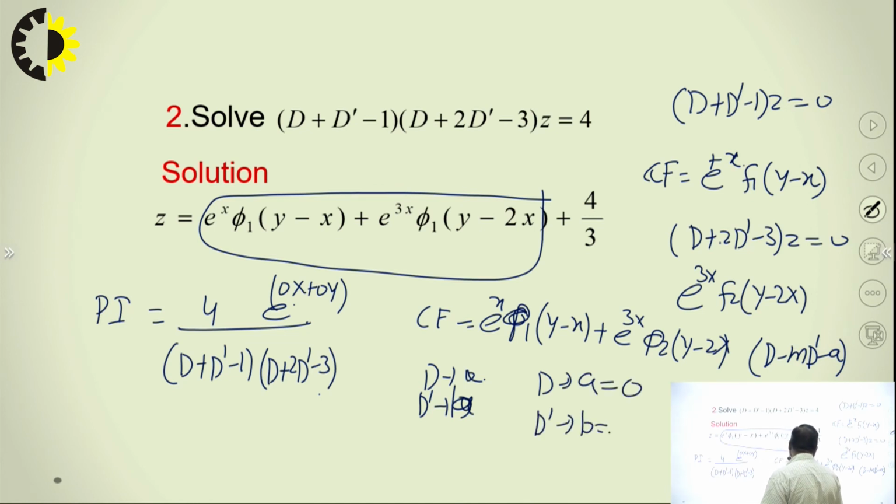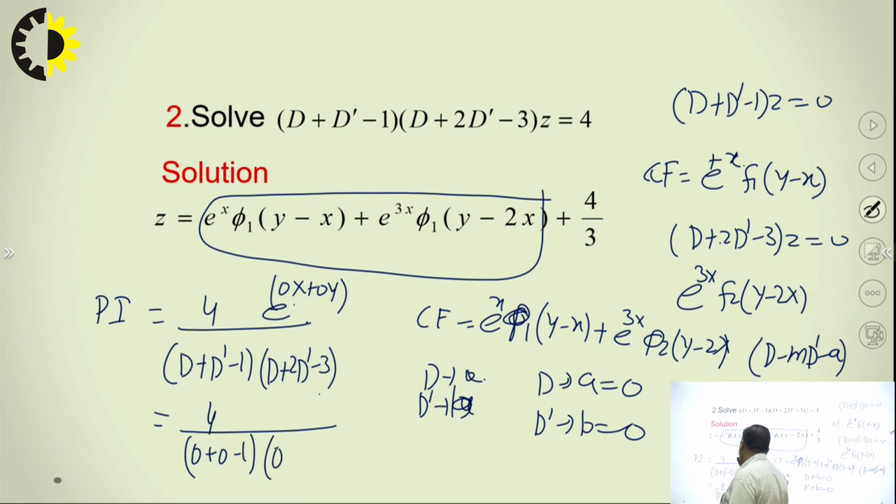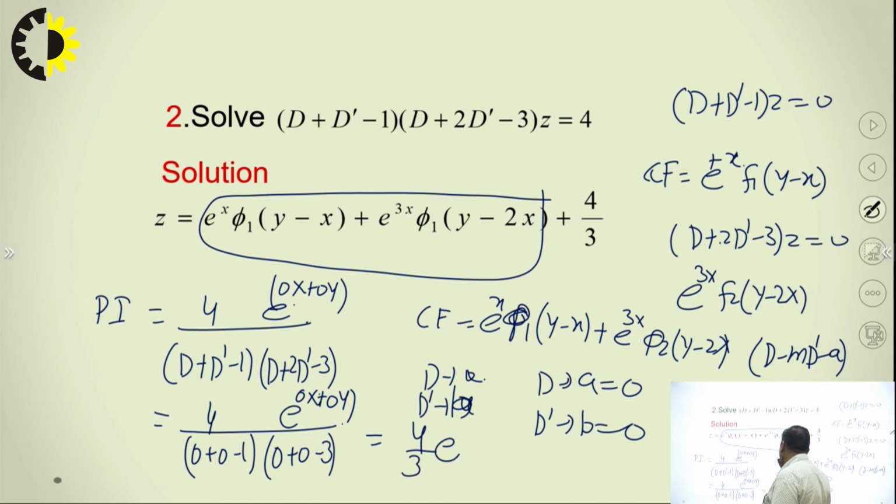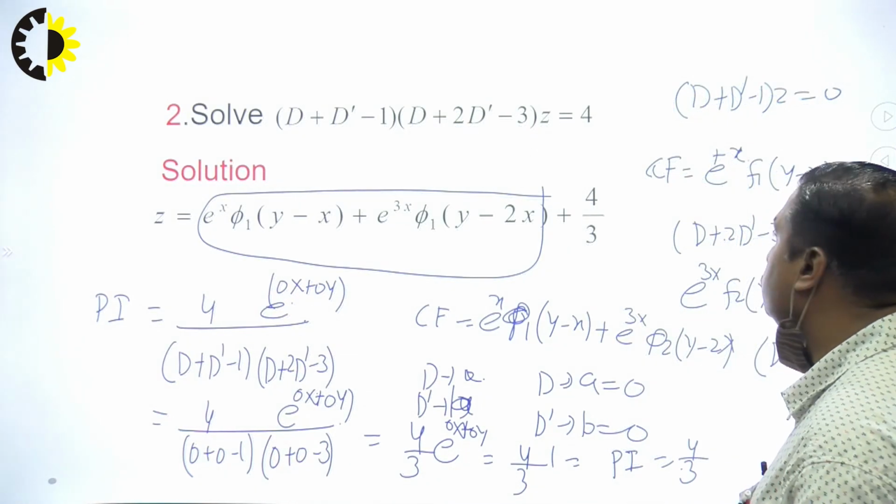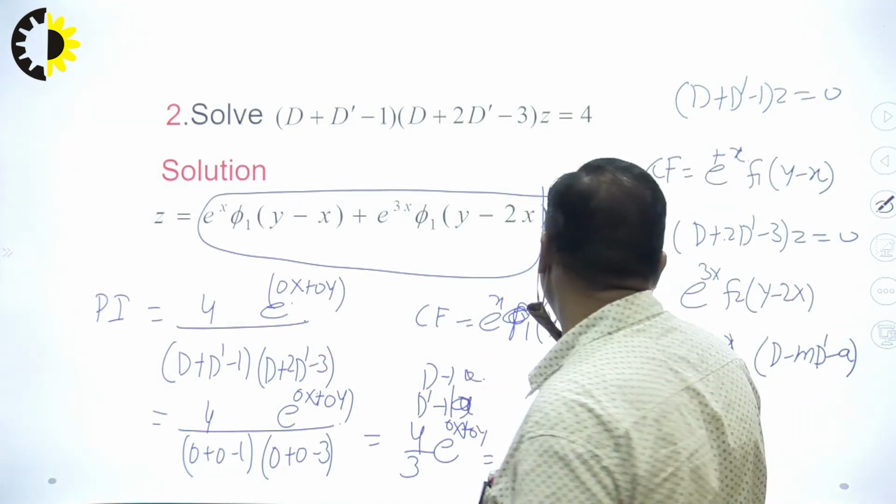Here a is 0, b is 0. That becomes 4 upon 0 plus 0 minus 1, 0 plus 0 minus 3, and e power 0x plus 0y, which becomes 4 upon minus 3 minus 1, that is 3, e power 0x plus 0y, and that becomes 4 by 3 e power 0x plus 0y, which is 1. So PI becomes 4 by 3. PI becomes 4 by 3.